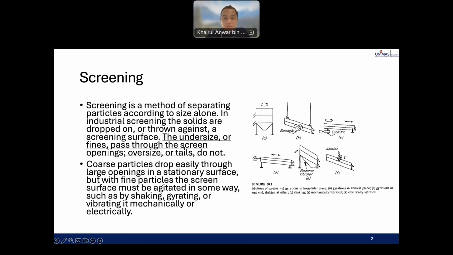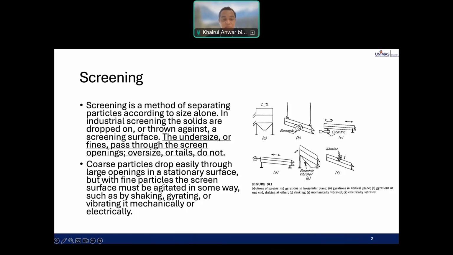So need to understand there are two terms. The undersize or fine will pass through the screen. Passing through the screen means it doesn't meet the criteria of the solid that we want to obtain. Oversize or tail do not pass. So oversize will stay on the mesh.